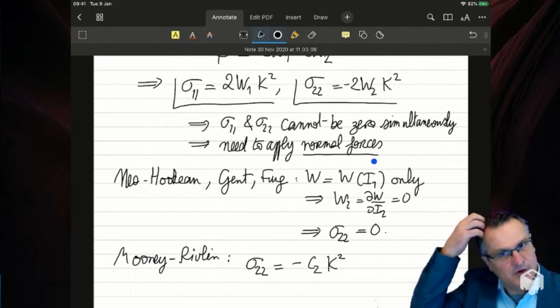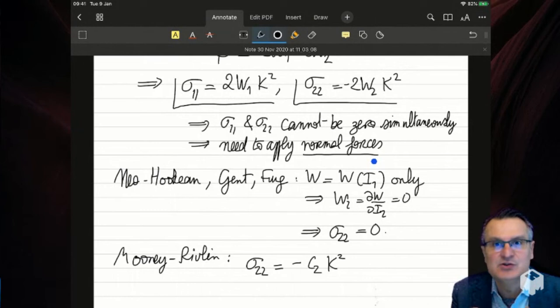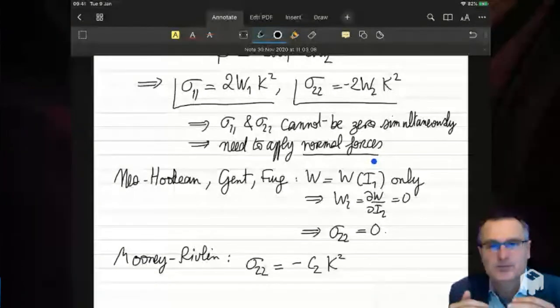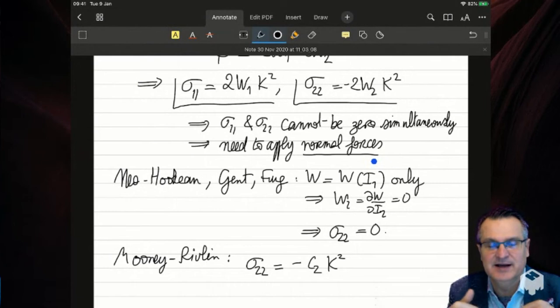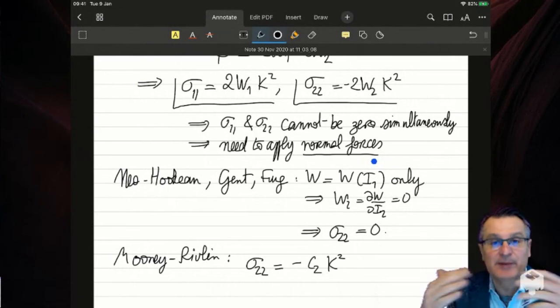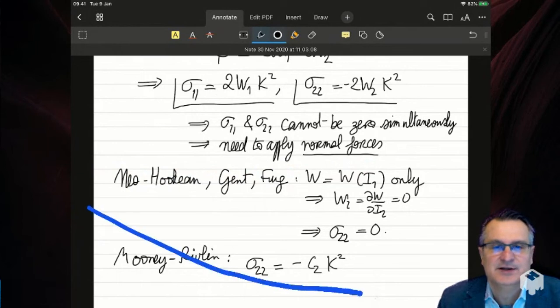Then the plate should go up and down. Or what if I have the plate and I drill a hole in the plate? At that hole, there's no contact between the sample and the plate, and so the sample should bulge through the hole or cave inside. It should not remain flat if it is Mooney-Rivlin, or it should remain flat if it is Neo-Hookean, Fung or Gent.